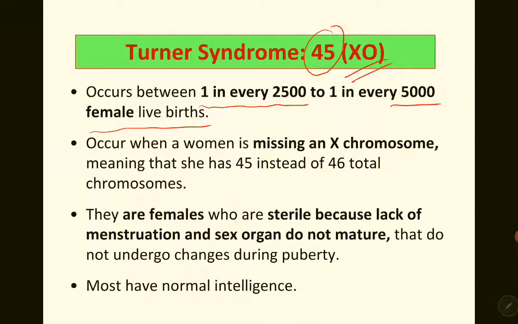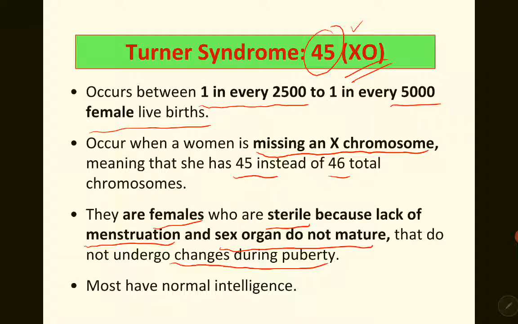Why is it female? Because she only has X chromosomes without the Y chromosome. This is because the woman is missing an X chromosome, meaning that she has only 45 instead of 46. They are females who are sterile because of no menstruation, and the sex organs do not mature.